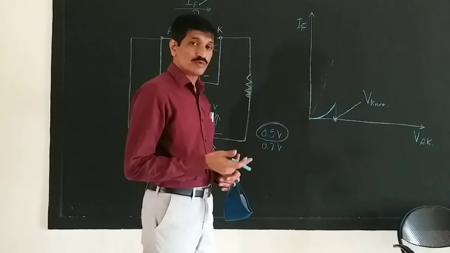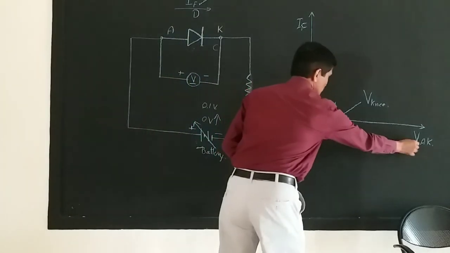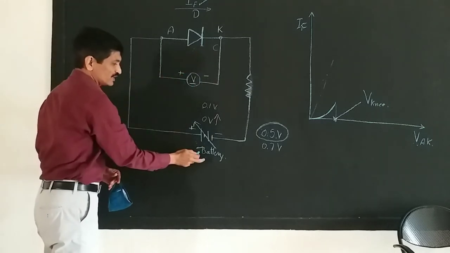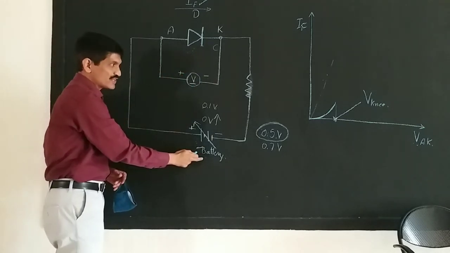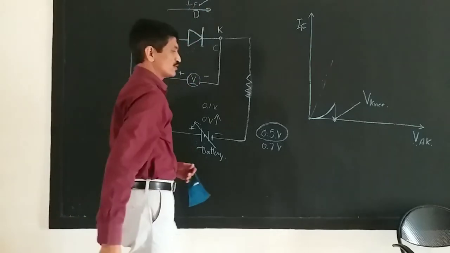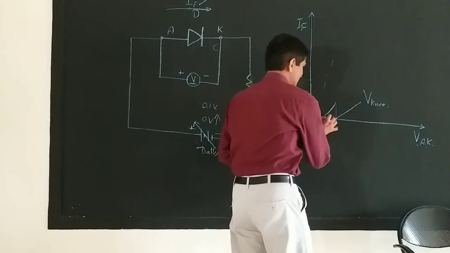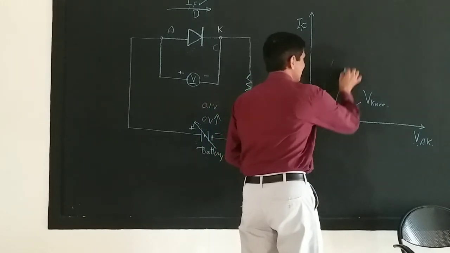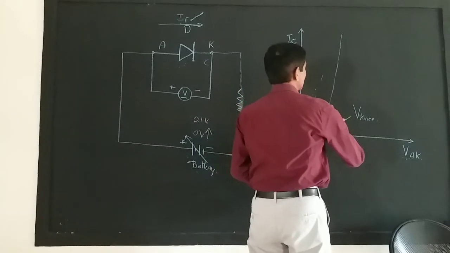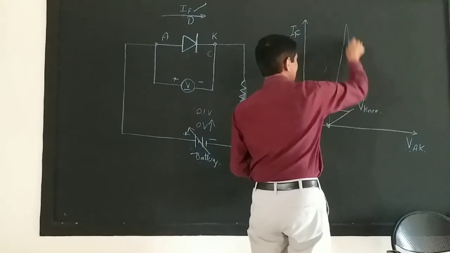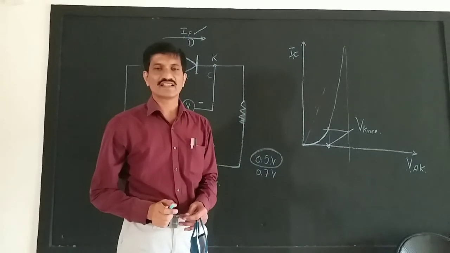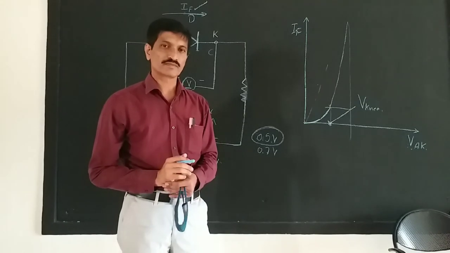From this point onwards, any rise in the voltage across the anode and cathode of the diode with the increment of the battery voltage will linearly increment the forward current of this diode, and in the graph we can see the curve rising linearly from this point onwards. And from this point onwards we say that the diode is completely forward biased and is in the forward conduction mode.